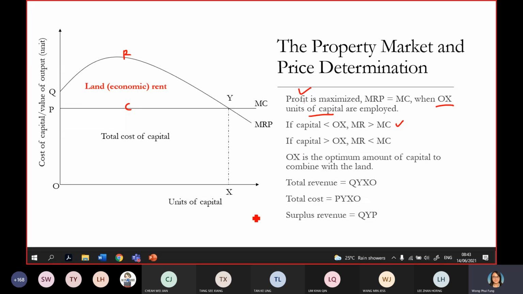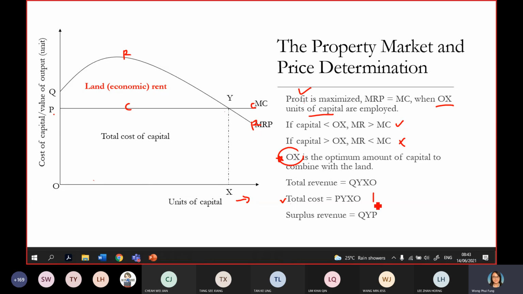But if your capital is more than OX, your cost is more than revenue already, so it is not feasible to build. As a conclusion, OX is the optimum capital to combine with the land. Total revenue is total cost first. Total cost is P Y X O.